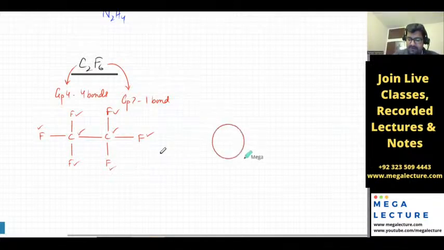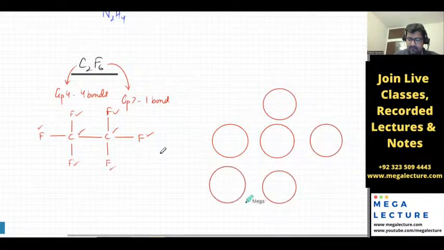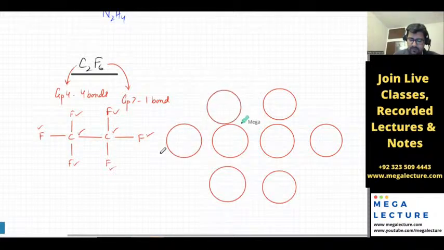So now the dotted cross diagram would be easy. Like you need 2 carbons, and you would be needing 6 fluorines. Okay, so here are my 6.